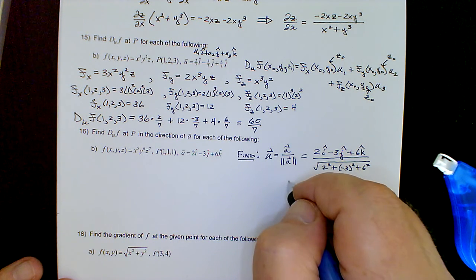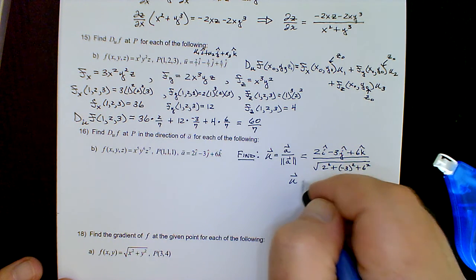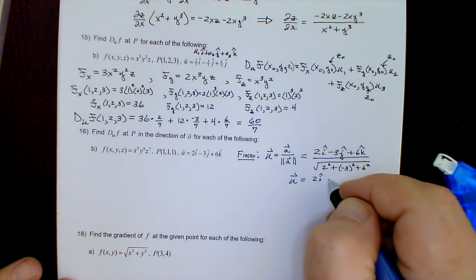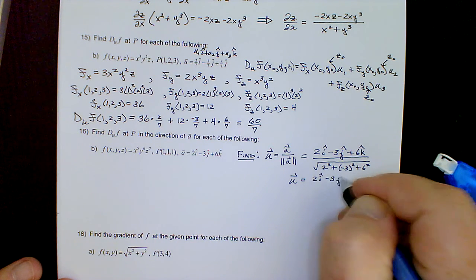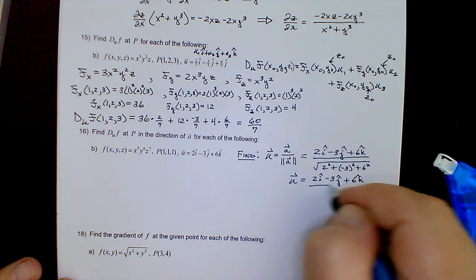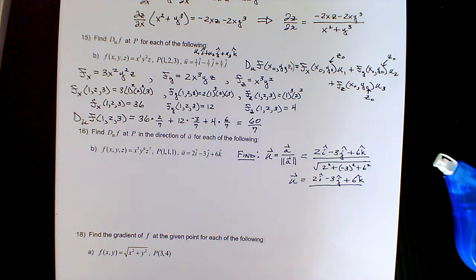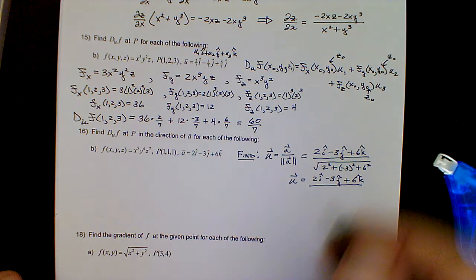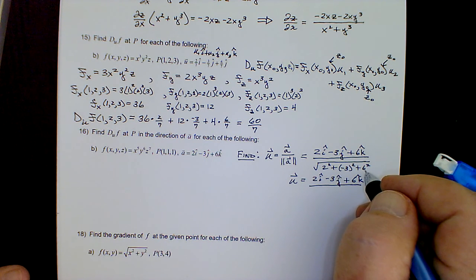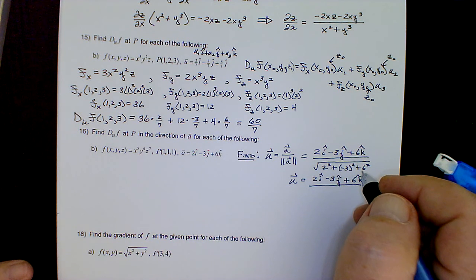So our unit vector is 2i minus 3j plus 6k all over the square root of, see, that's 4 and 9 is 13 and 36 is 49.